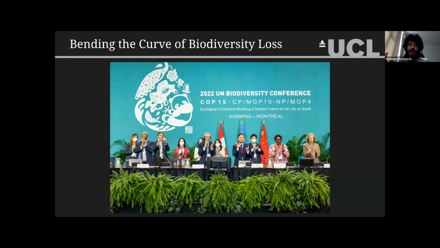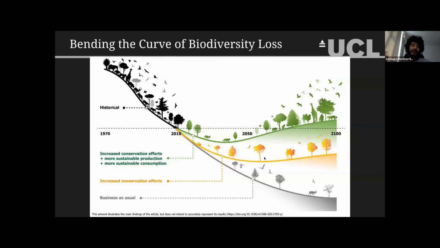The international community now has acknowledged the severity of the situation and has done loads of efforts to address it in a focused manner. There are several initiatives with the aim of reversing this trajectory of the biodiversity loss. However, in order to really try to bend the curve of biodiversity loss, there needs to be increased conservation efforts.